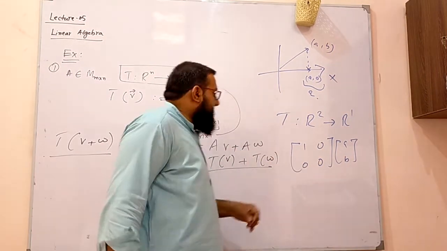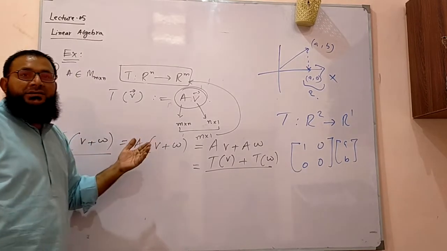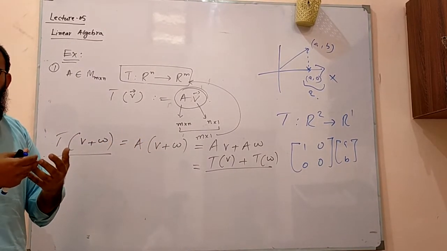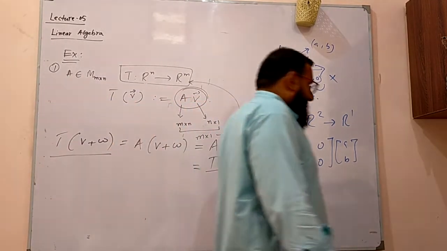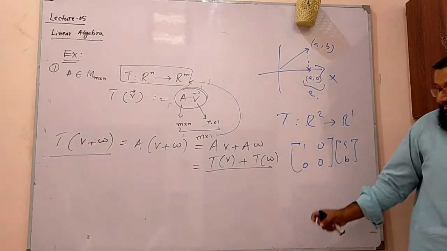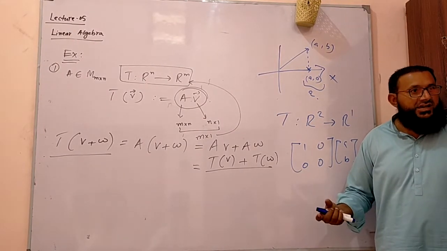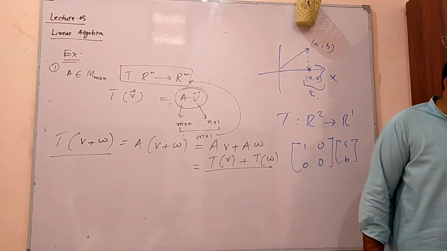So sometimes your linear transformations can also be represented by some matrices. So you are going to connect the idea of linear transformation to matrices. And we will see so many examples of this: projection on x-axis, projection on y-axis, rotation, reflection, and so on. There are lots of examples.